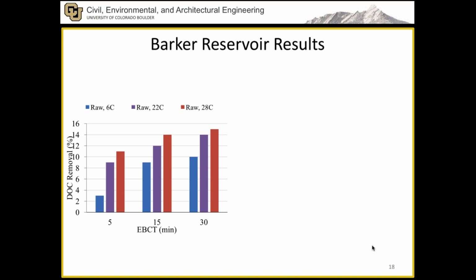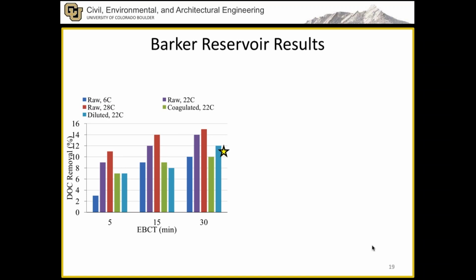So next, we looked at coagulated water at 22 degrees Celsius, shown in the green, as well as the diluted, the blue bar at 22 degrees Celsius. And this was the control, baseline control, where we did 3 milligrams per liter of concentration. So we saw 12% removal for Barker. We'll want to compare this to the ones going forward.